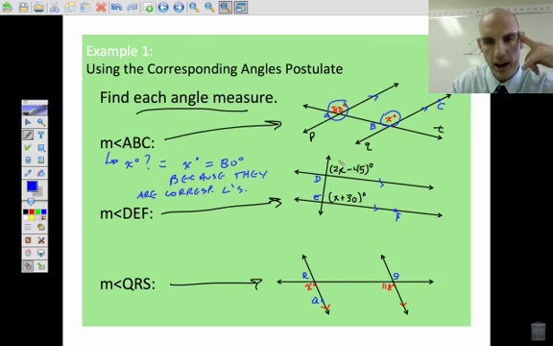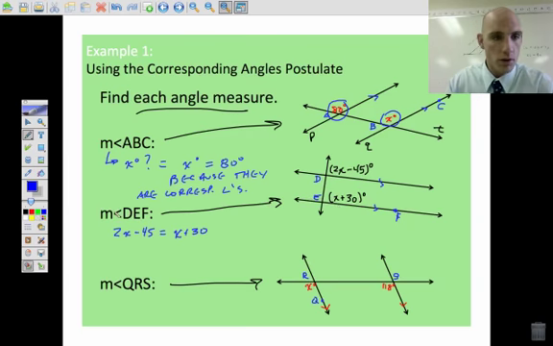Okay? So let's look at DEF. Once again, I have corresponding angles. So what I can say is 2x minus 45 is equal to x plus 30. Because these two angles are corresponding angles. Notice, they are related. They're in the upper right-hand corner of my x for each of them.